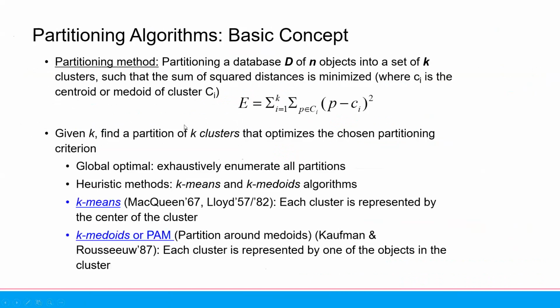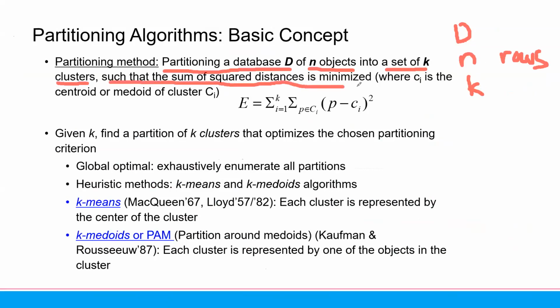Partitioning methods. What are partitioning methods? Partitioning a database D: we have a lot of data, a database D with n objects, n objects or n rows. And we want to partition these n objects into a set of k clusters, where k is the number of groups that you want to create, such that the sum of squared distance is minimized.